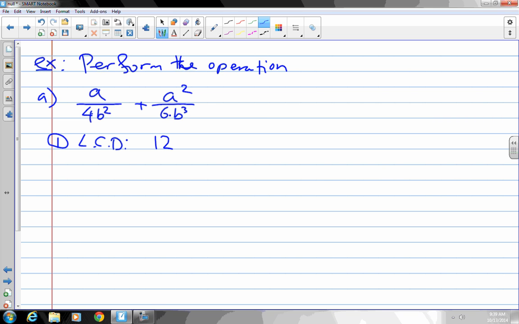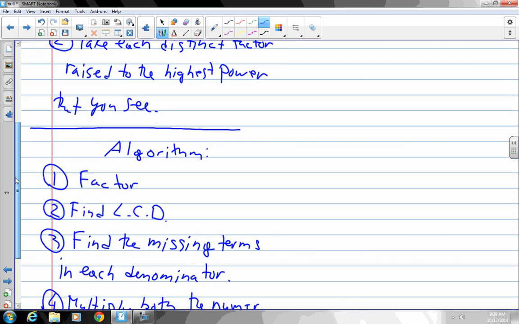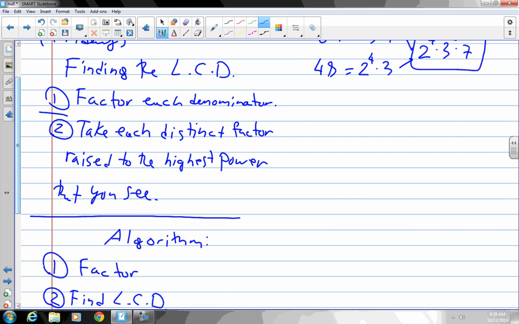So I have a b. To what power do I have to raise b for the purposes of my least common denominator? Why? Well, let's go back. What does it say right here? Just like least common denominator as far as adding two fractions.